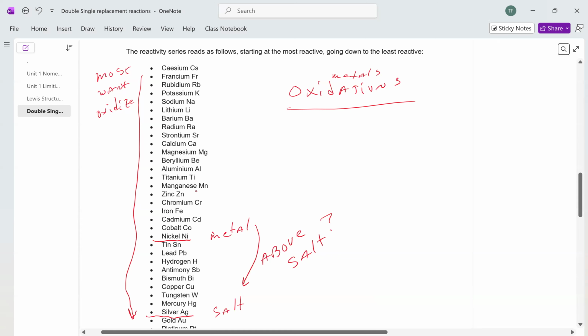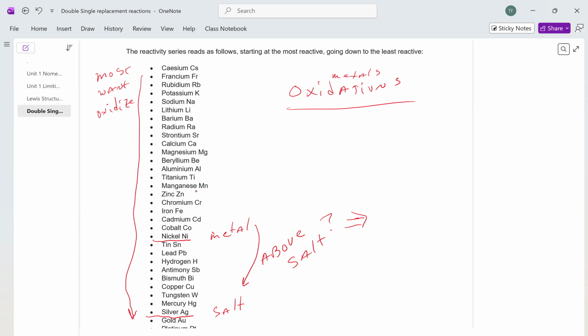So the bottom line in a single replacement reaction, you have to compare against a reaction table, which this is. However, it's really an oxidation table. The higher up you go, the more it wants to be oxidized. So if the metal by itself, not with the salt, is above the salt metal, the reaction goes.